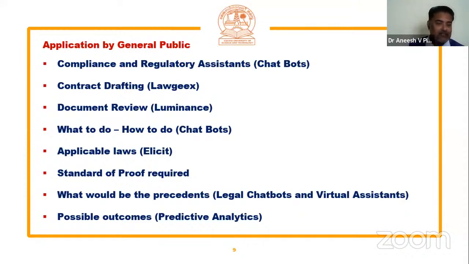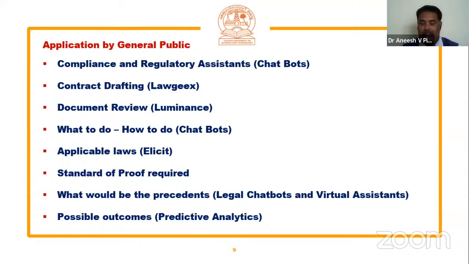First and foremost thing is compliance and regulatory assistance. As we are all doing different activities, we may not be aware of what sort of laws or regulations we have to follow, what the legal compliances are, etc. If I am a market player, I may not know what type of license I need to obtain or what type of compliances I need to have.